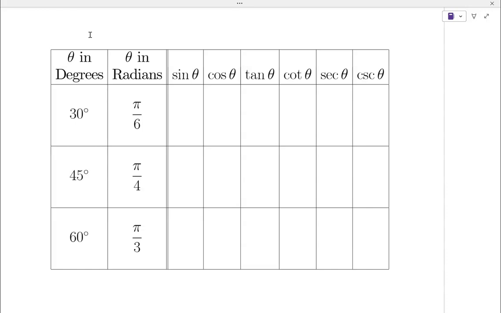Usually, a way to remember that quickly is to know that 180 is the same thing as pi. So dividing that by 3 gives me that one. Dividing that in half gives me that one. So at least you can get those two relatively quickly, I think. This one's just dividing your 180 by 4.